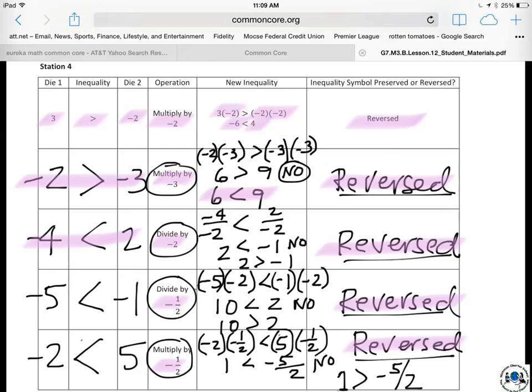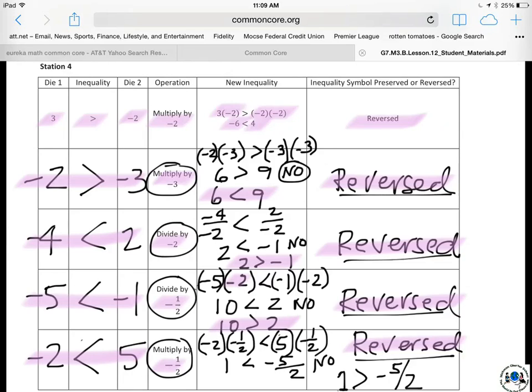Negative 4 is less than positive 2, but when both are divided by 2 or multiplied by 1/2, it ends up that 2 is actually greater than negative 1. 5 is less than negative 1, but after applying the division by a negative 1/2, which is also multiplying by 2, its reciprocal, 10 is then greater than 2, reversal.